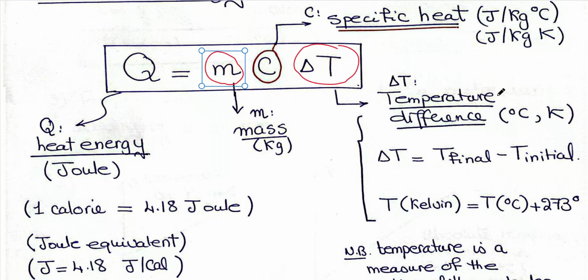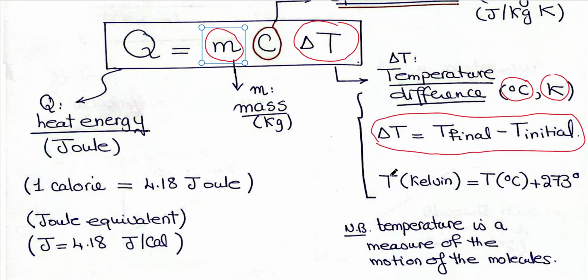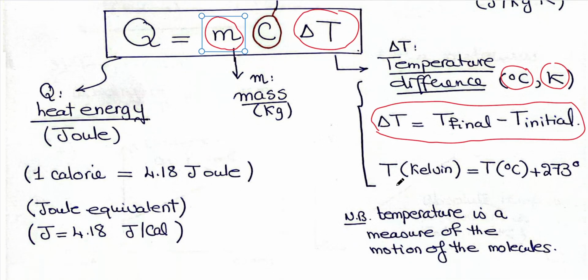We can use the temperature difference in Celsius or in Kelvin, as we will prove later. Delta T is the difference in temperature; always use T final minus T initial. Remember that the temperature in Kelvin equals the temperature in Celsius plus 273.